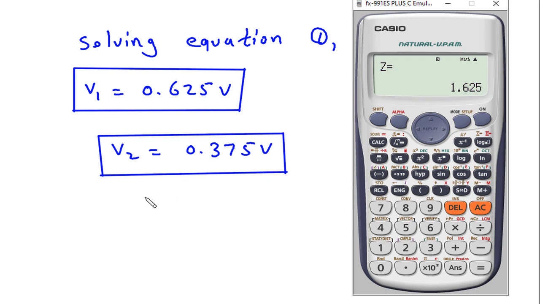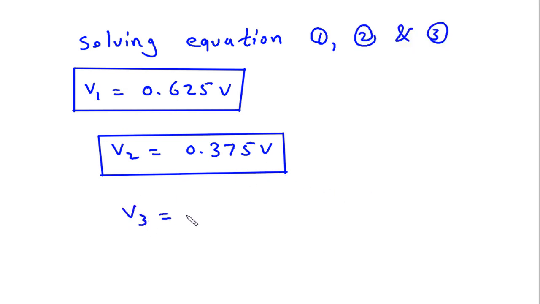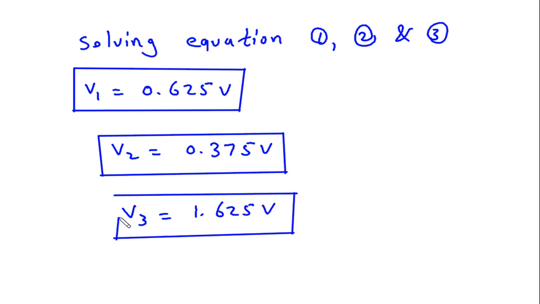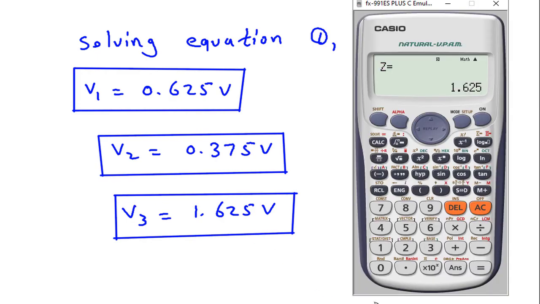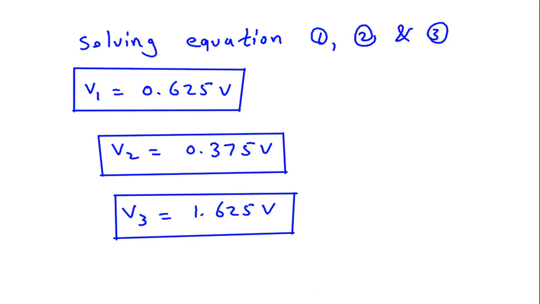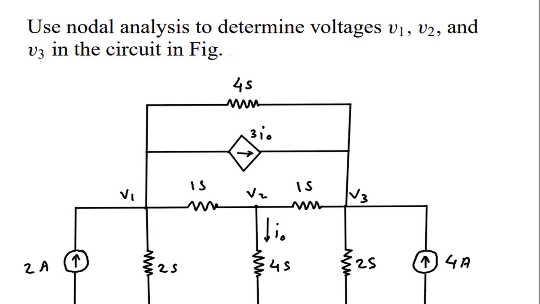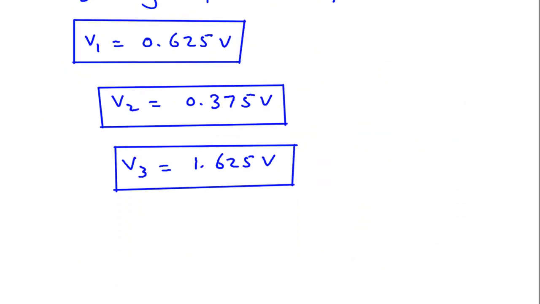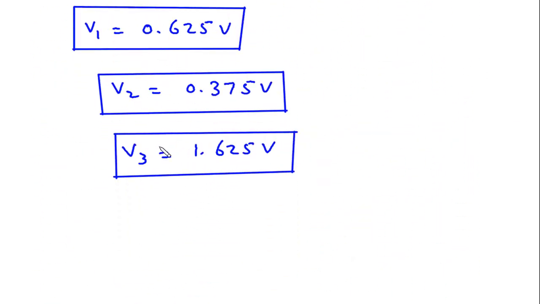And V3 is equal to 1.625 volt. What we have to find? We have to determine V1, V2 and V3. So this is V1, V2 and V3.